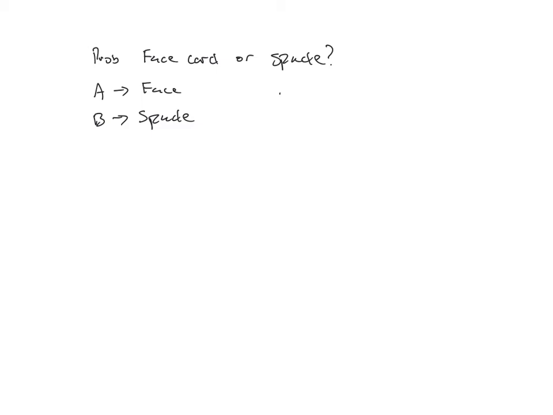In the A situation, again, there's 4 jacks, 4 queens, 4 kings, or 12 cards out of the 52. In the B situation, there are 13 spades. Ace, 2, 3, 4, 5, 6, 7, 8, 9, 10, Jack, Queen, King.